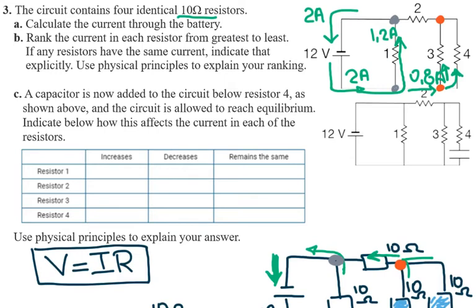But I know here is going to be the same 0.8 amps. So the voltage drop between this gray point and this red point is V equal to IR. R is still 10 ohm, and 10 times 0.8 gives me, so the voltage dropped here is 8 volt.